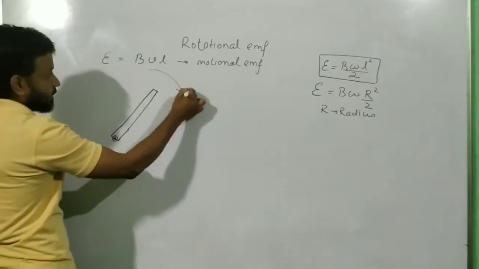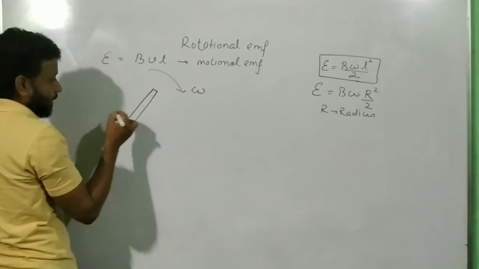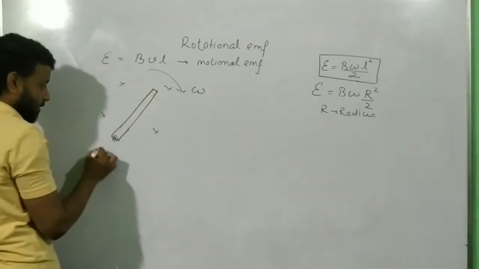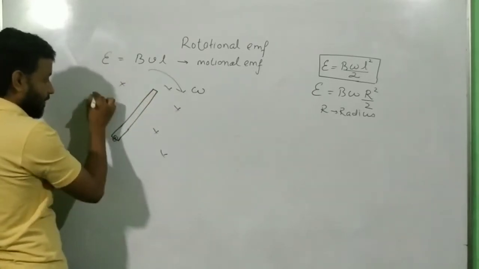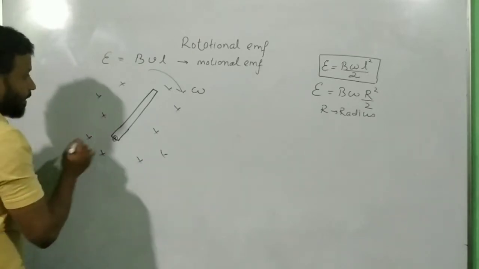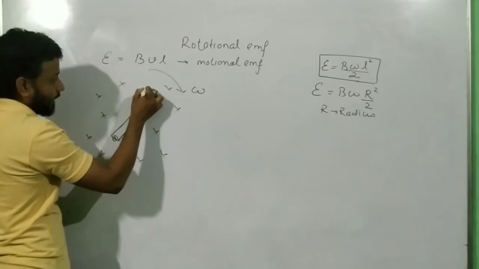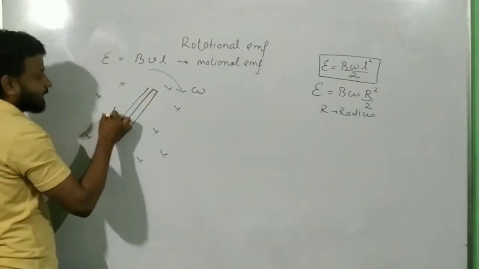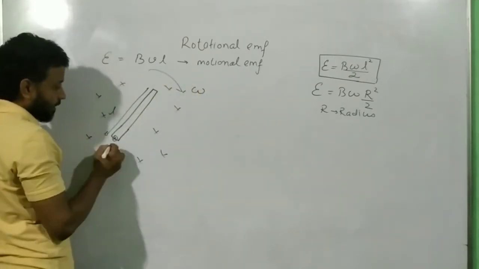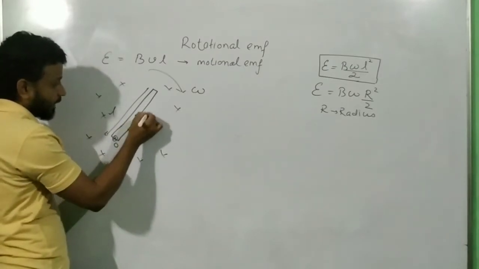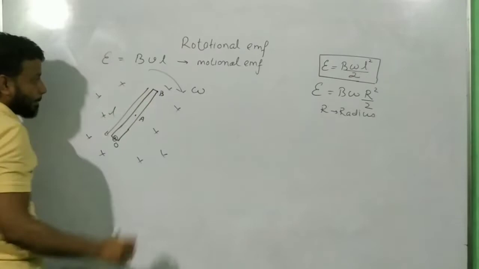Let us say that this is rotating with an angular velocity of omega, and the field is inside again. The field is still inside over here, and you have this velocity. The length is L, exactly the same so far. Now let me define some points over here: point O, point A, and then point B.